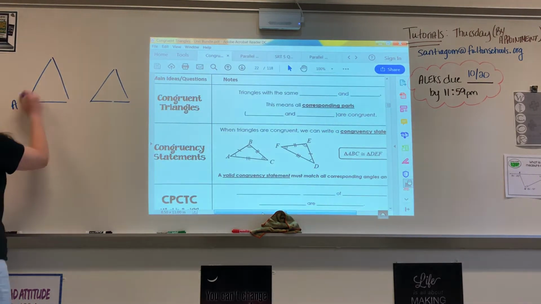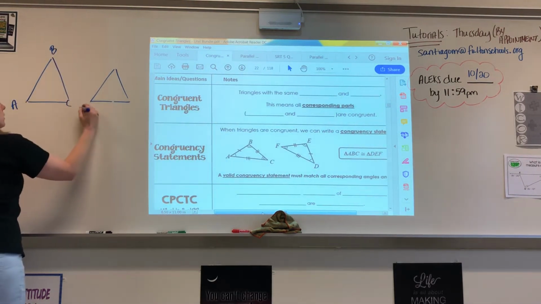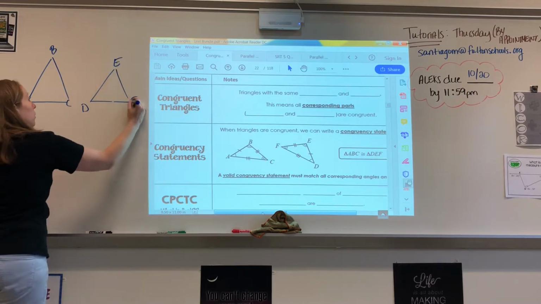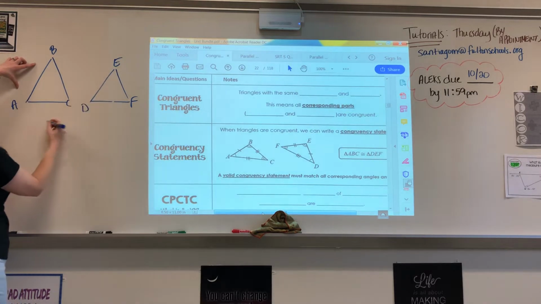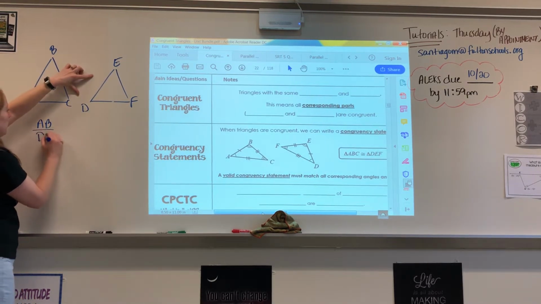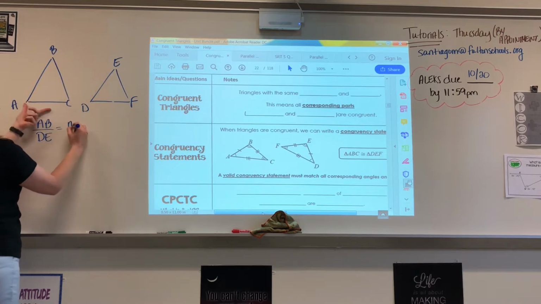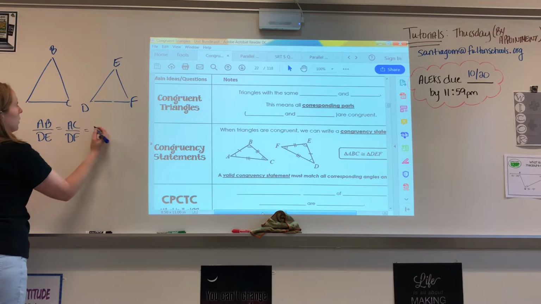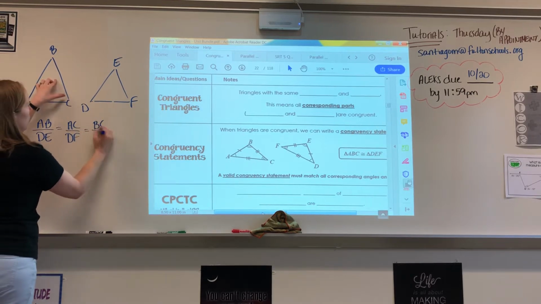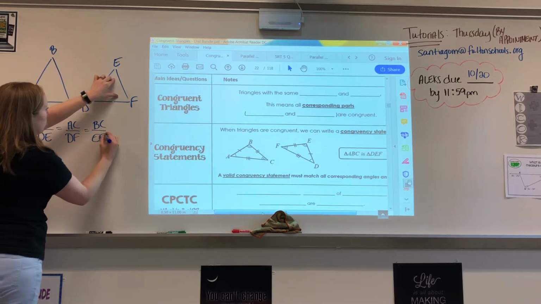And think back, remember that when we look at similar triangles, their sides are proportional. AB is proportional to DE. AC is proportional to DF. And BC is proportional to EF.